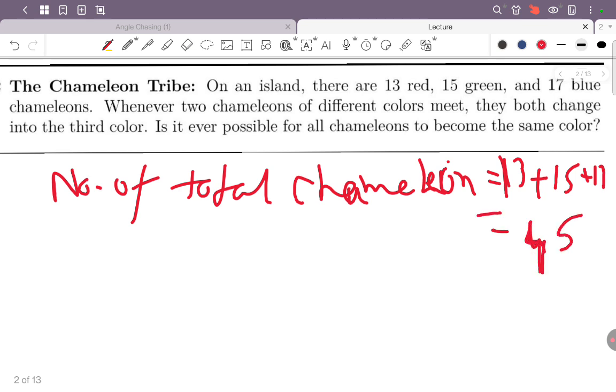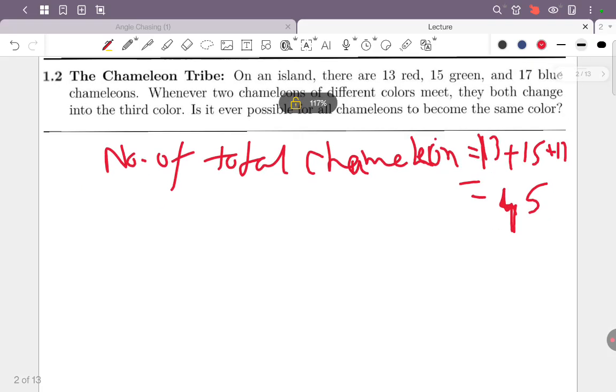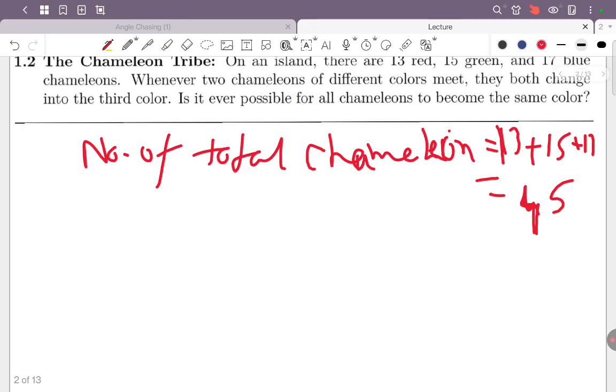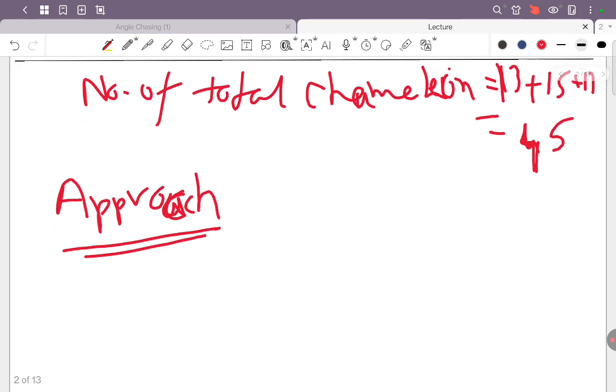Yeah, so what do we see? Do we see something? There are total three colors, and two come and change to the other. What approach do we need to think? I hope you have studied modular arithmetic, but even if you have not, that's fine.